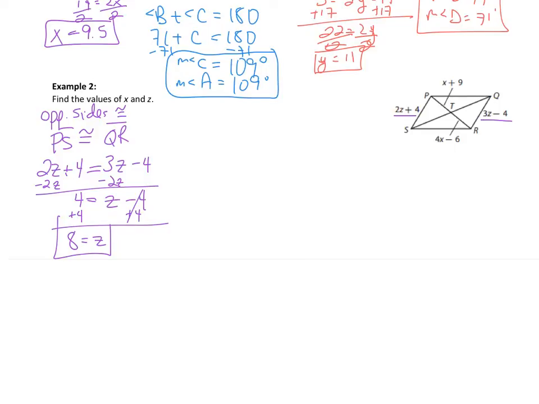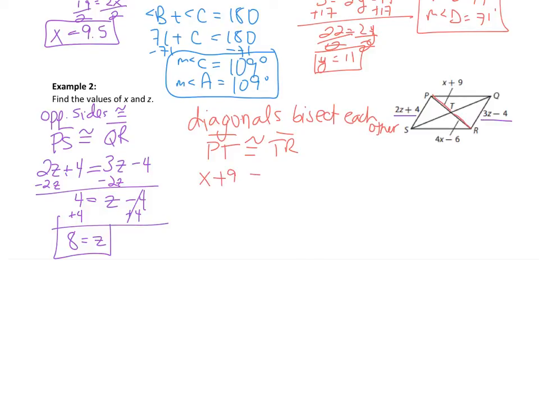Next, I see two diagonal pieces, and if this is a parallelogram, we know then that the diagonals will be bisecting each other. So segment PT will be congruent to TR, and again we can set them equal to each other. So x plus 9 will equal 4x minus 6.